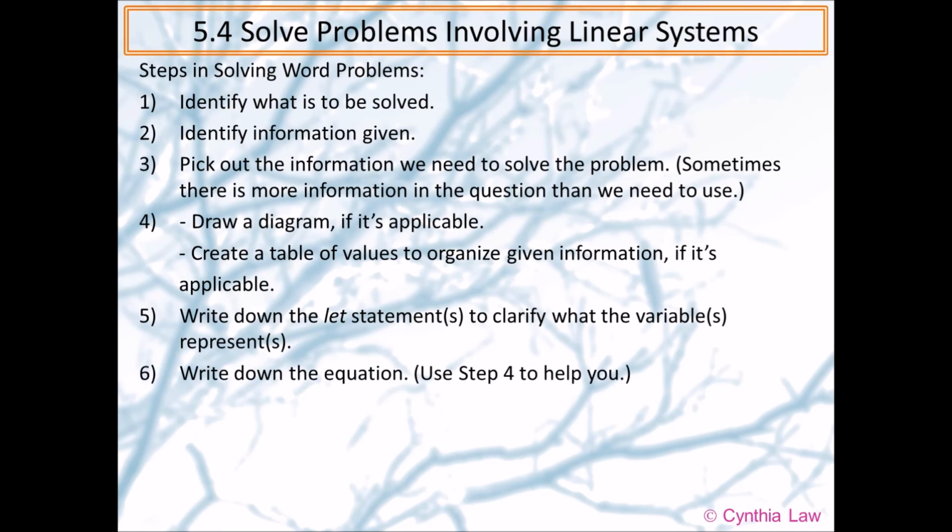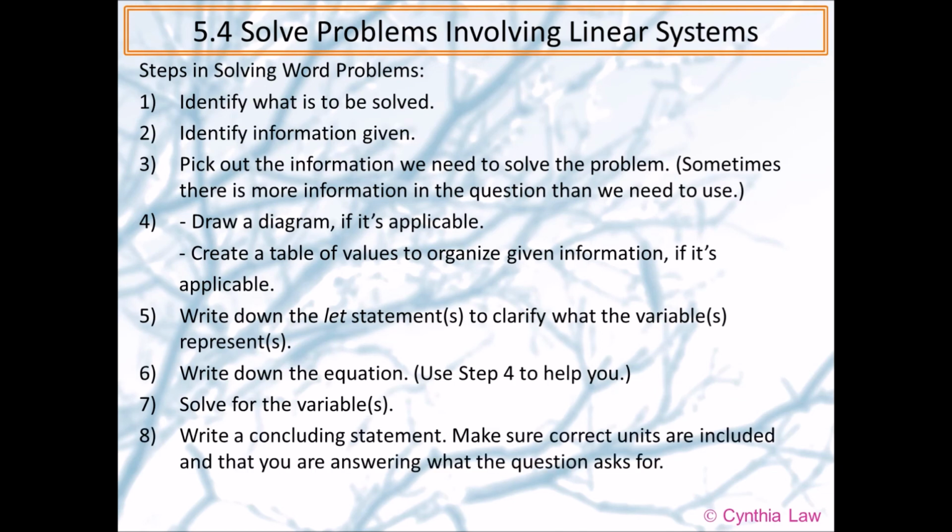After writing down our let statements, we can write down the equation or equations next. And step 4 would help us in doing it. Once we have the equations down, then we can go ahead and solve for the unknown, the variables. Afterwards, we need to make sure that we write a concluding statement because it's a word problem.